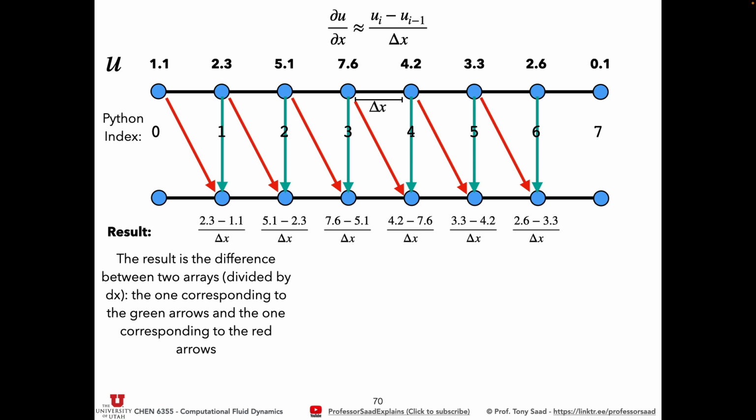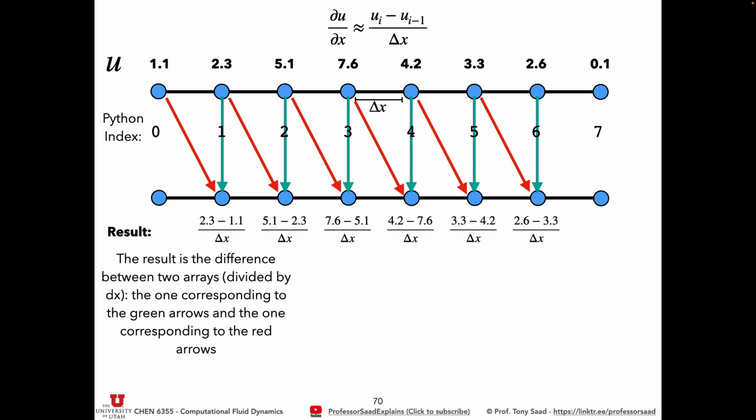The array of numbers that correspond to the green arrows minus the array of numbers that correspond to the red arrows. Agreed? If you were to take all the green numbers, that would be 2.3, 5.1, 7.6, 4.2, 3.3, 2.6, minus the array of the red numbers, 1.1, et cetera, you will get this result.